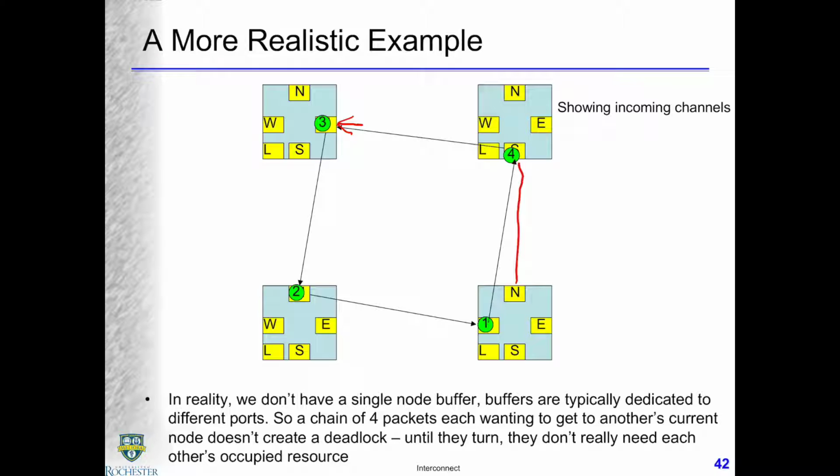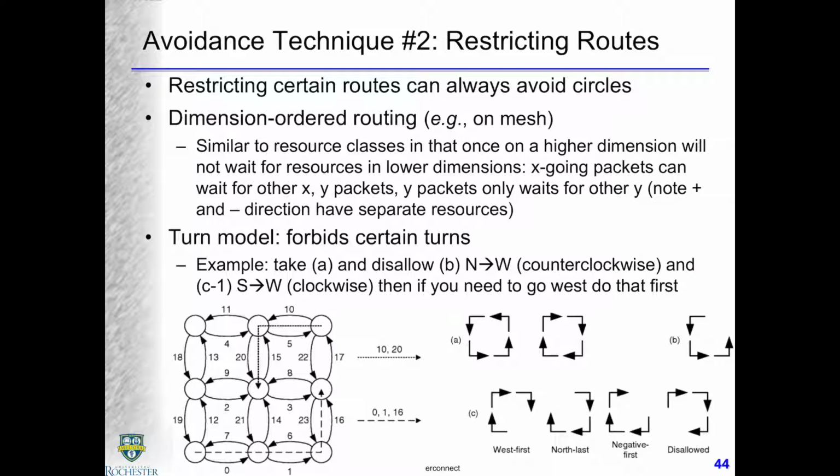If everybody's just going straight, how do you form a cycle or circle? You can't wrap around. Of course you have a torus, you have that problem. We'll get to that, but in a mesh network, at least, I don't have wraparound links. Going straight, I will never have deadlock.